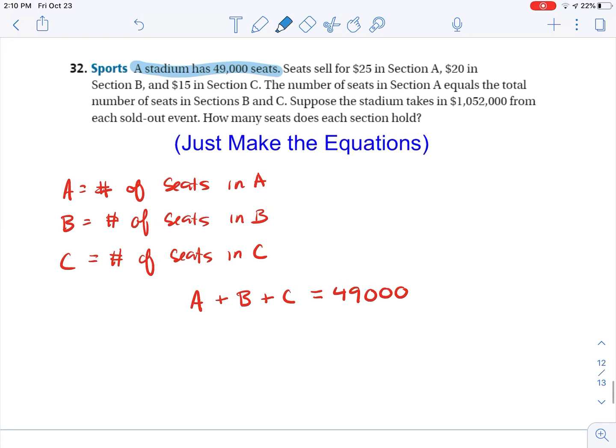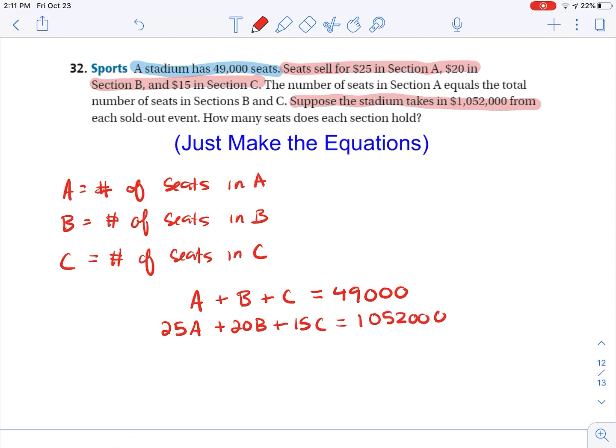Second sentence tells me about money. Seats sell for $25 in section A, $20 in section B, and $15 in section C. And the stadium takes in $1,052,000 from each sold out event. So if I combine those two sentences together, right, I can multiply 25 by the number of seats in A, 20 times the number of seats in B, and 15 times the number of seats in C. And that has to be equal to 1,052,000.